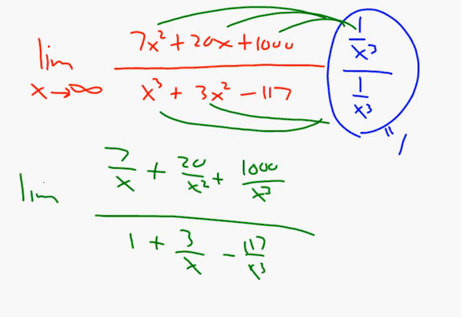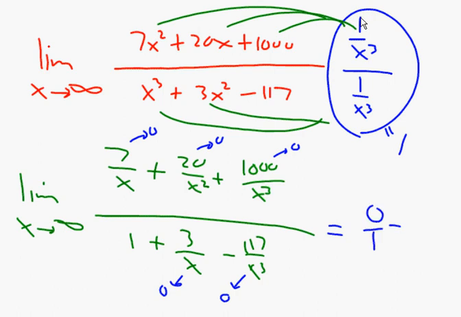And now I can say, hey, what's the limit as x goes to infinity? Right? Well, if x goes to infinity now, this becomes 0, 0, 0, 0, and 0. So in reality, all I'm left with is 0 on top and 1 on the bottom, or 0.